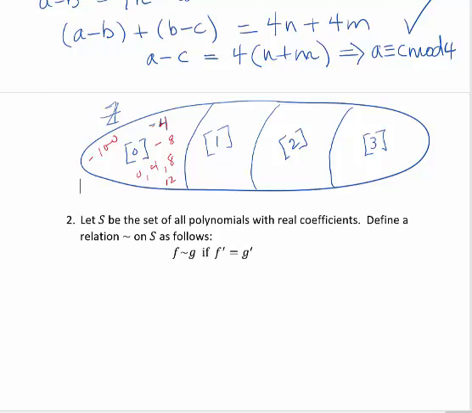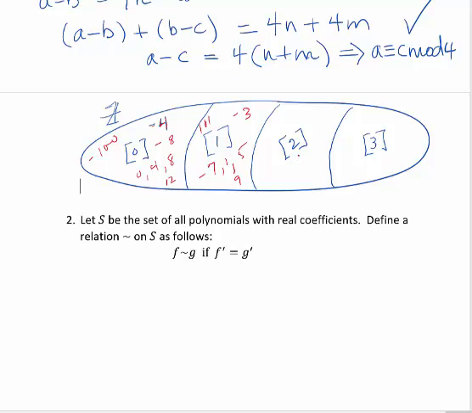In the equivalence class represented by 1, we would have all of the numbers where if you take 1 away, it's divisible by 4. So we'd have -3, -7, 1, 5, 9, 101. All of the numbers that if you subtract 1, it is divisible by 4. Or in other words, if you divide by 4, you have a remainder of 1.